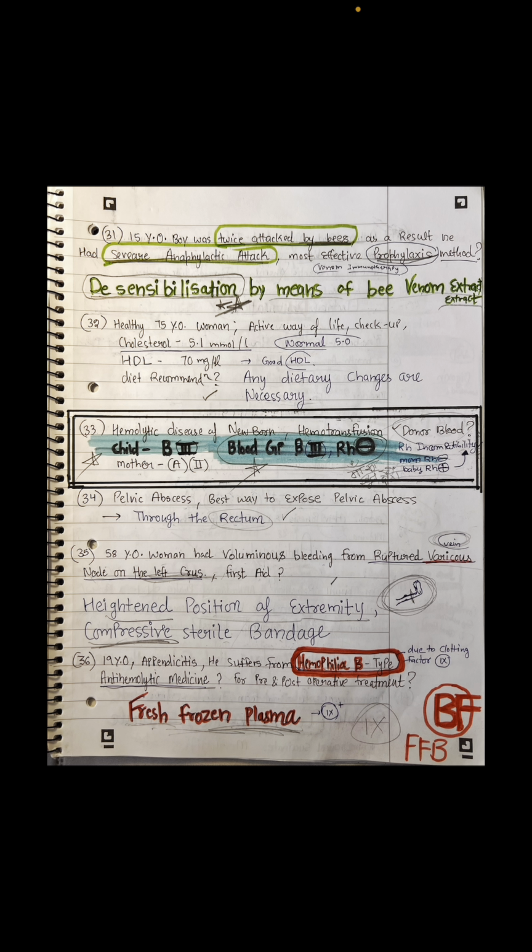We are going to provide the fresh frozen plasma because this is rich in factor 9 of clotting. So remember for the KROK questions, guys, if hemophilia A is given, then you go with the cryoprecipitate. If hemophilia B is given, you go with the fresh frozen plasma.